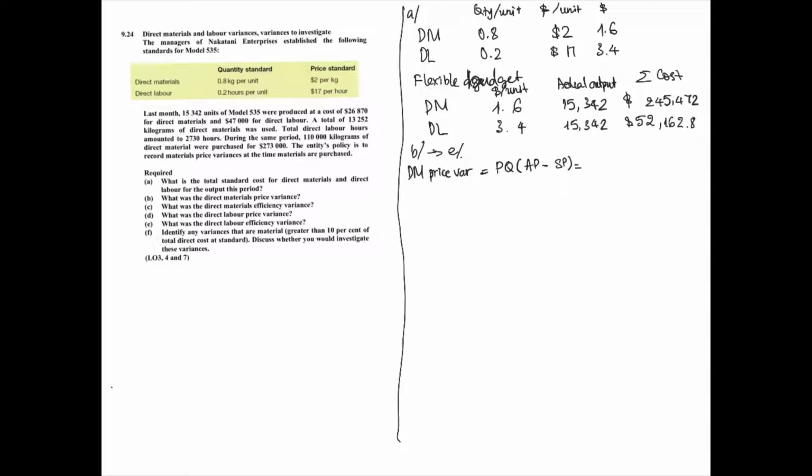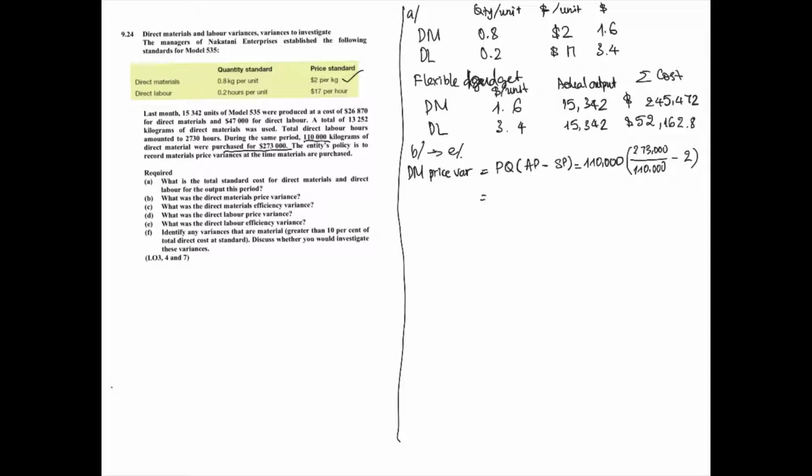In here, the purchase quantity is 110,000 kilograms. Now, actual price, we see that they purchase 110,000 kilograms for $273,000. So we know that the price per unit would be 273,000 divided by 110,000, and then we minus the standard price.